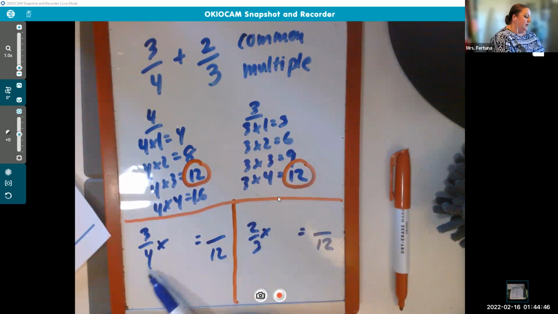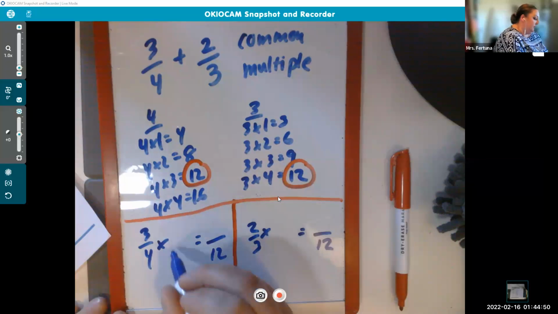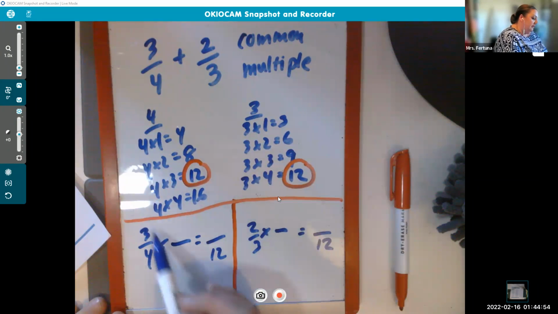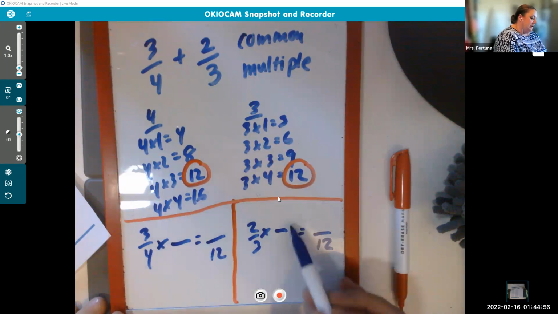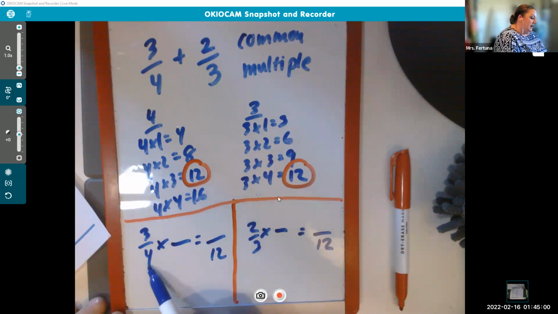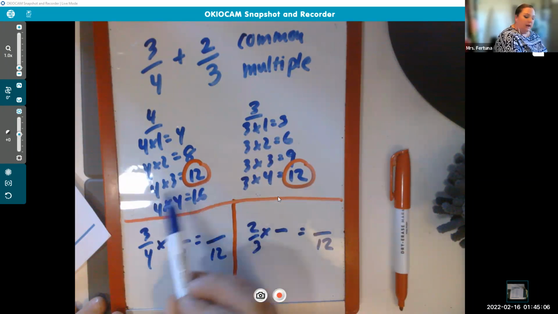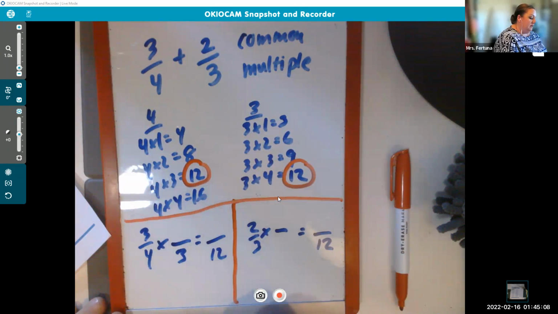We're going to multiply this 3/4 by a fraction, and we're going to multiply this 2/3 by a fraction. Well, we already know that 4 times 3, because we figured that out here, is 12.